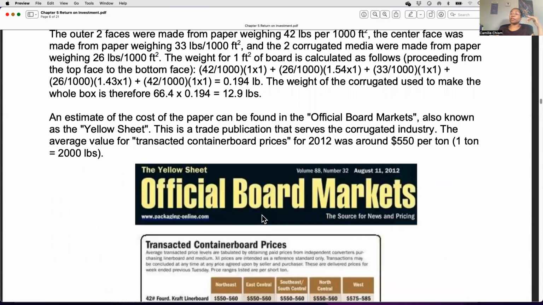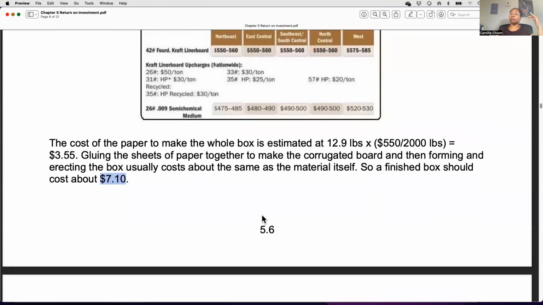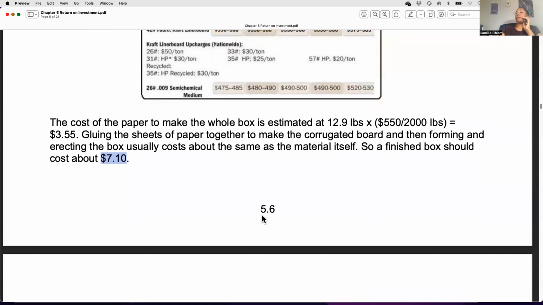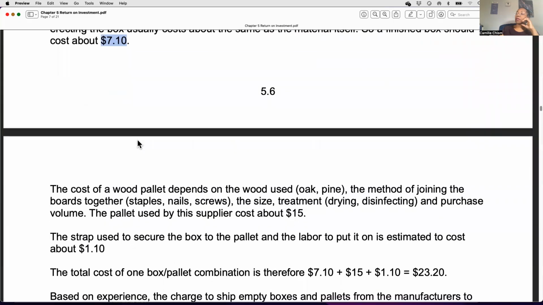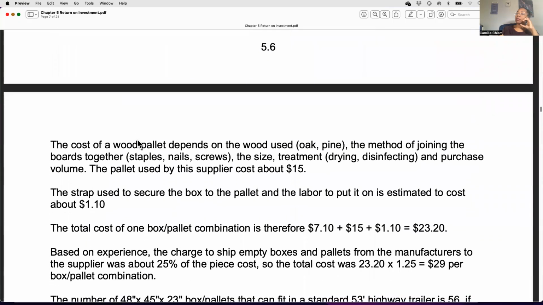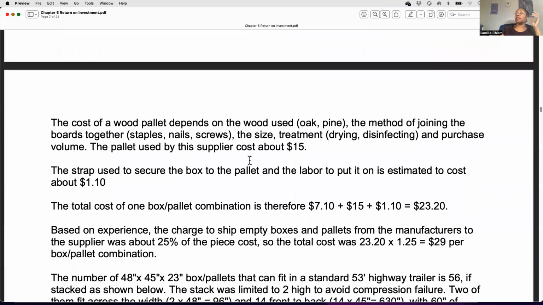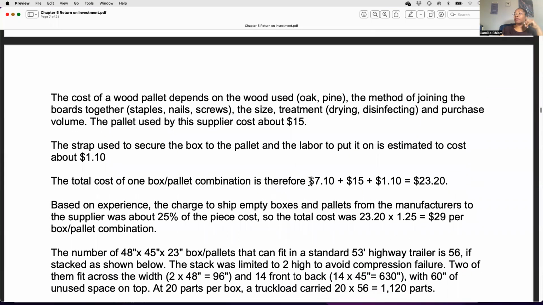And then you need to compare it to your returnable proposed pack. So now $7.10, that's your magic number for expendable. Now you've added in the $15 for the pallet, and then you're adding $1.10 for the strapping. So that's where you get that $7.10 plus 15 plus $1.10. So now you're up to $23.20 for your pack.